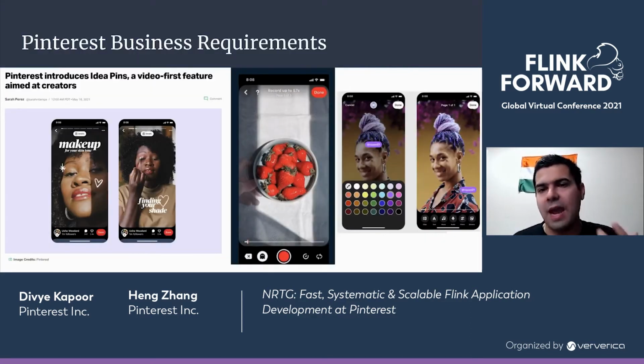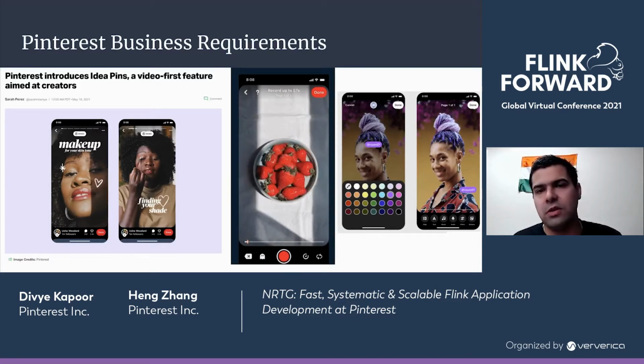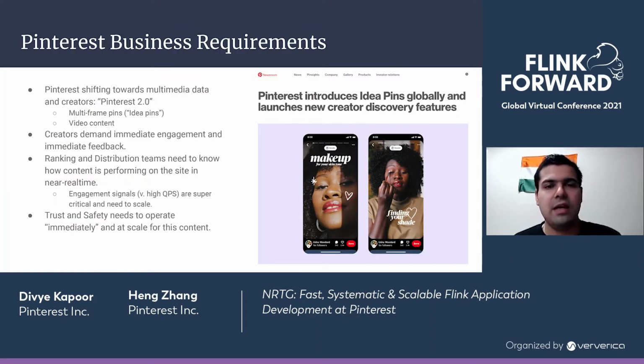So what happened is that Pinterest business requirements changed. Pinterest dealt with a lot of static data, images, but the world's changing, and we are in a world where we have idea pins, we have videos, and we have creators, and those business requirements are new, and they require changes to the infrastructure. Since Pinterest has been shifting towards multimedia data and creators, something called Pinterest 2.0, we have multi-frame pins now.